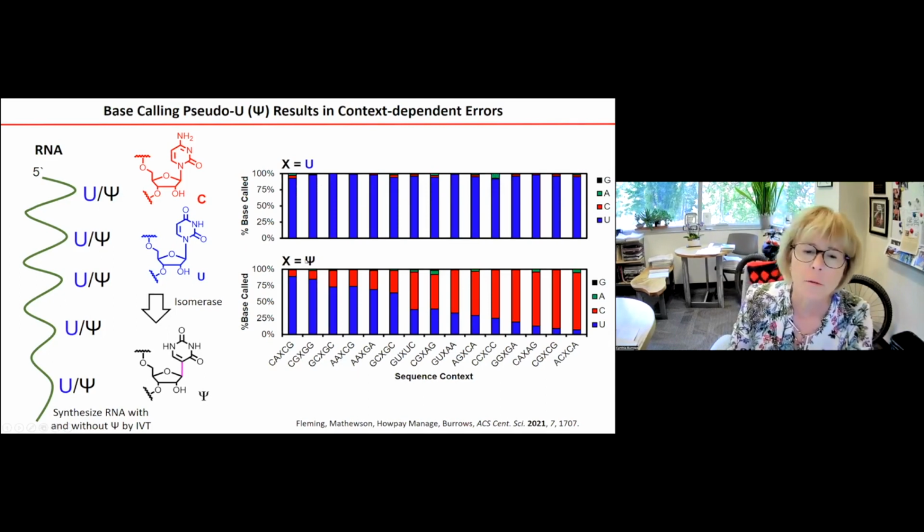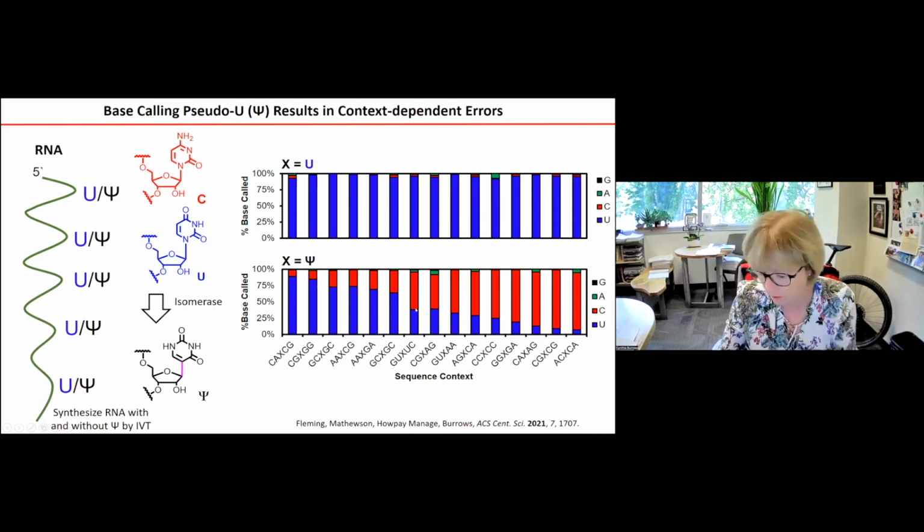When you have pseudouridine, even at 100% occupancy, it might call either as a U or as a C. So if you look on the right-hand side, there are sequence contexts where pseudouridine will be called as a C. And in fact, partway in between, it looks like a mixture of C and U.